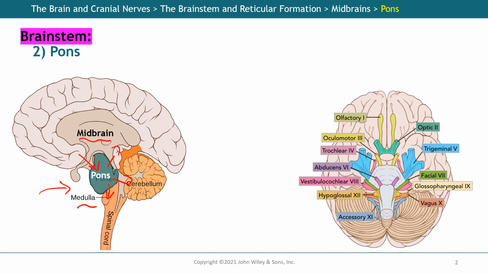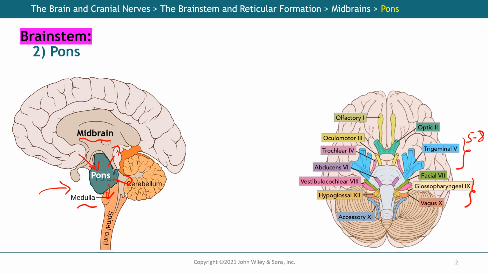In addition, we talked that in the medulla oblongata, you have some cranial nerves. Here, there are also some cranial nerves that originate from the pons, and they will be from number 5 to number 8.